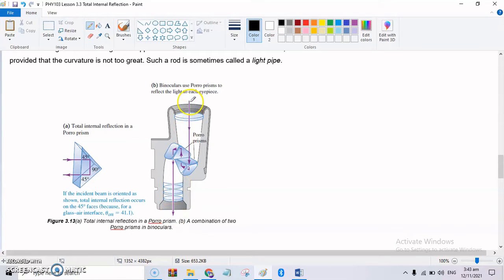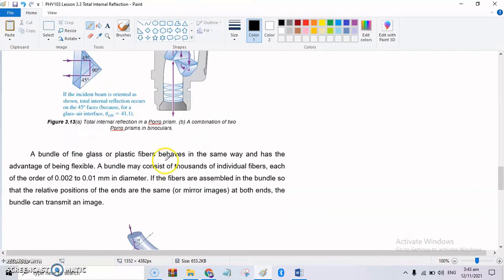Kung ano yung nandito na images, it will be reflected into our eyes without any kulang. Kung ano yung image dito, yun din yung makikita natin dito. Ito yung kagandahan ni prism.